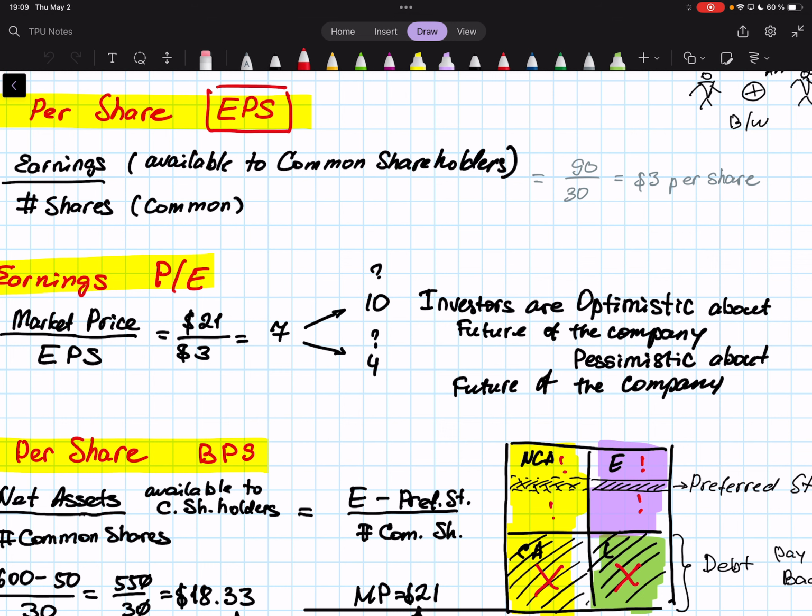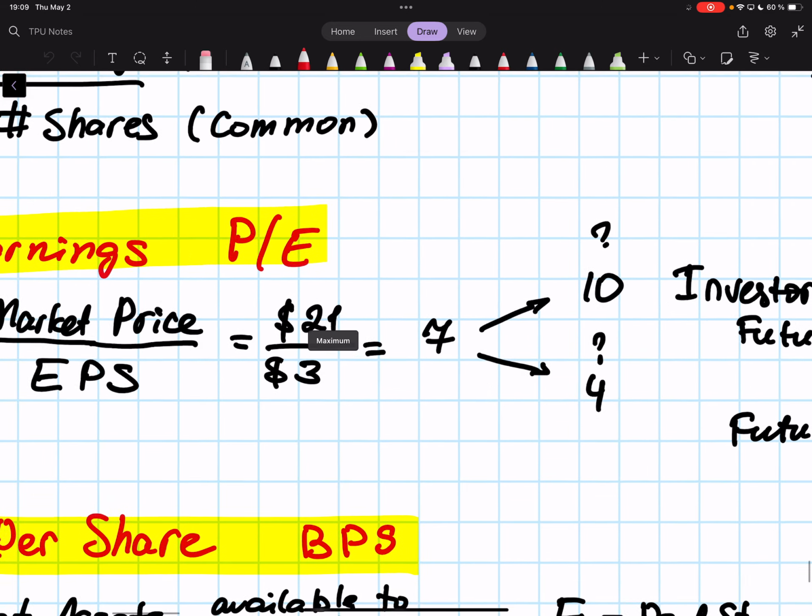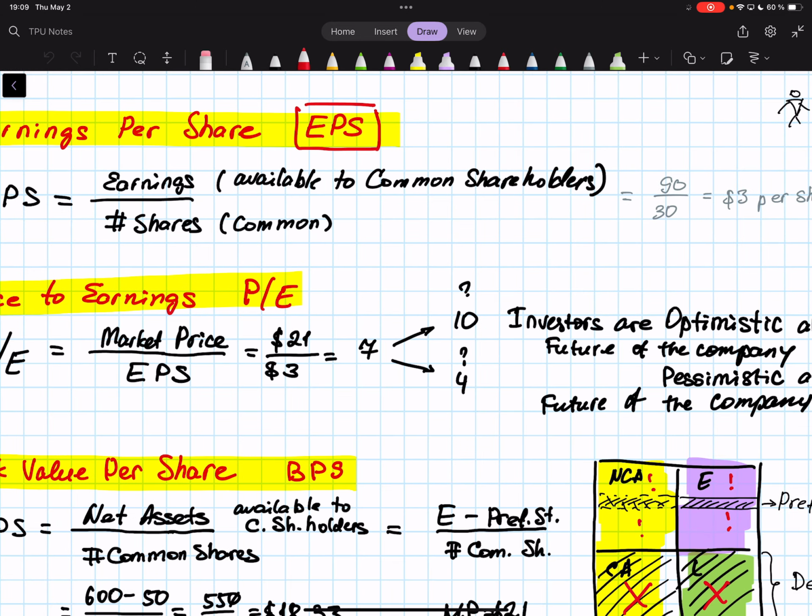Now, the question is, why are they optimistic? Well, the answer is that if someone is willing to pay a lot of money for the stock, $21 or $30, even though the earnings are not so much, it means that you believe in the company.